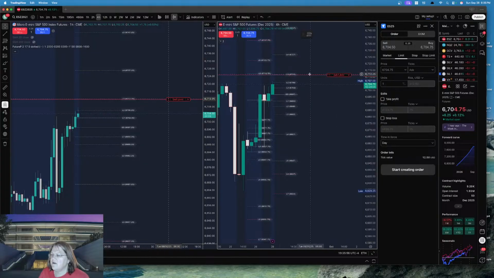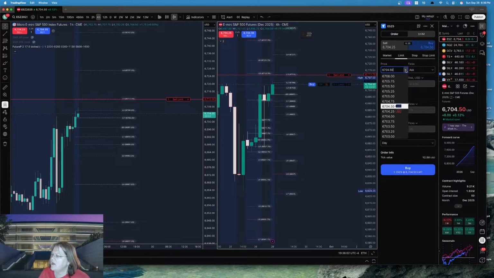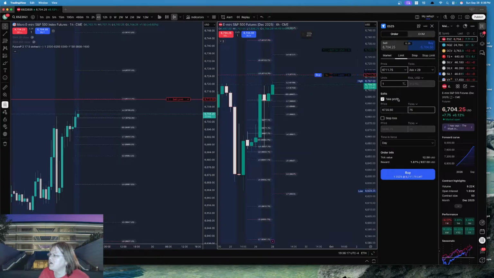So whenever it gets there, the way I can set this up here, limit, I could do 6711 and 3/4. And then I could do a bracket.